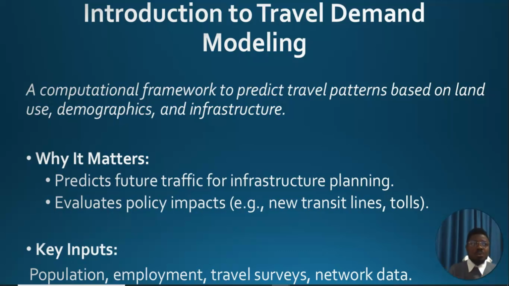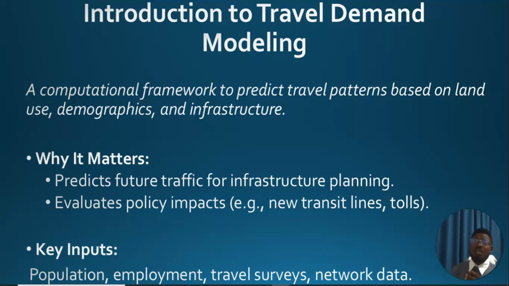The ability to come up with that mathematical model for that representation is what travel demand modeling is all about. And we can see from the slide here, it says that it's a computational framework to predict travel patterns based on land use, the demographics and infrastructure. So we need to also be able to understand the land use, the demographics, and also the infrastructure.